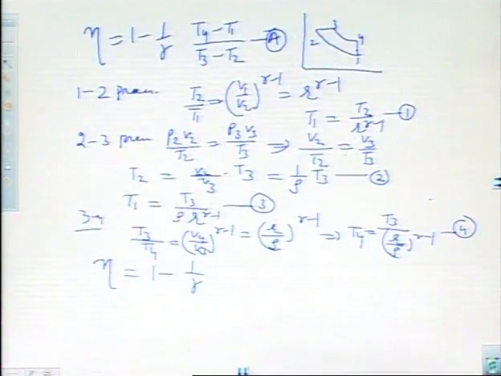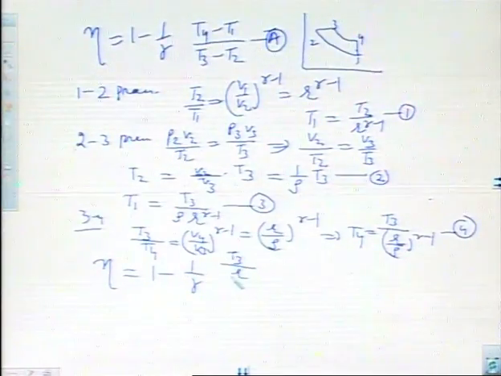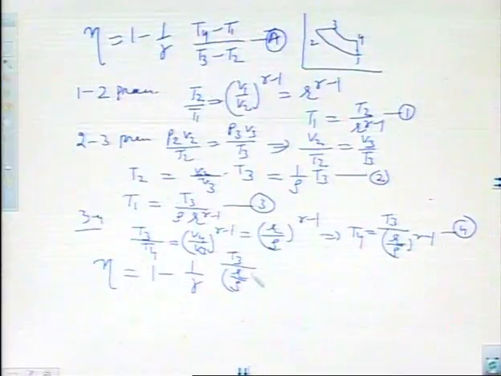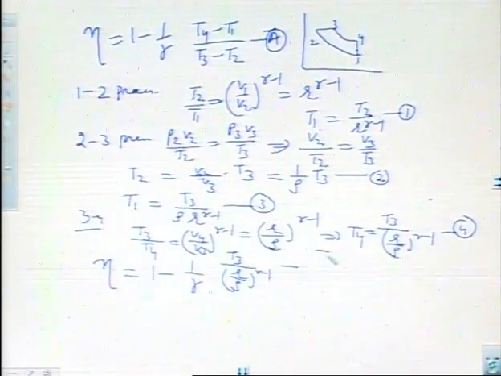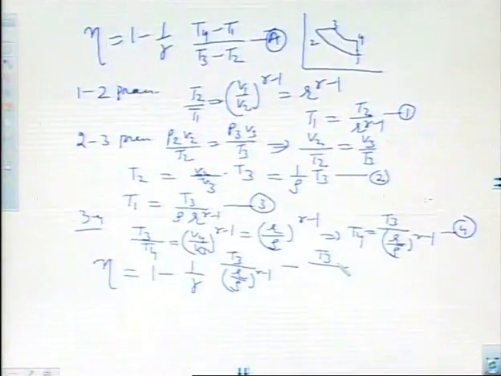T4 is here, T3 divided by R rho gamma minus 1 minus T1, T1 is T3 rho R gamma minus 1.